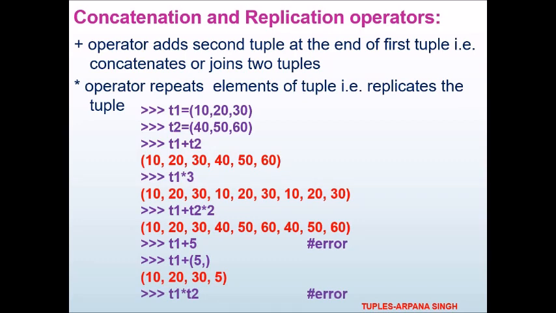But if you write t1 into t2, again for the multiplication operator, that is for replication, one of them should be an integer value. If you use both tuples with multiplication, it will give an error.